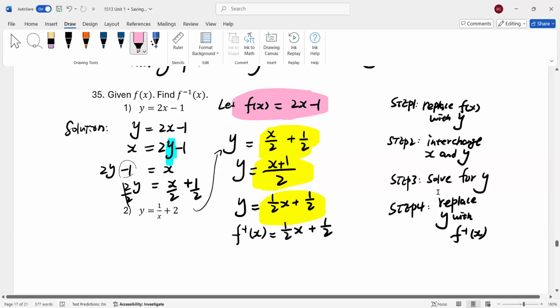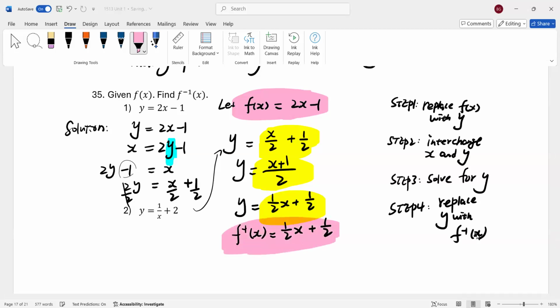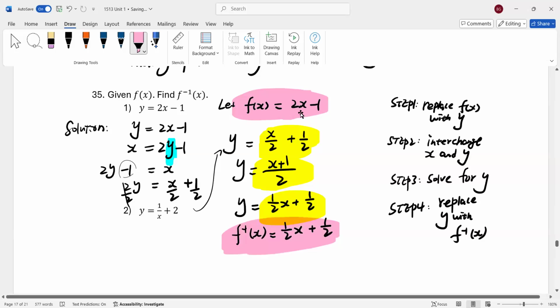Step 3 is the key step. Once you have the new equation, after the x and y swapped, you're going to solve the resulting equation for the new y, and this takes a little bit of algebra ability. And then once you have y isolated, you basically have the inverse function found, and then you replace y with f inverse, and f inverse is the inverse function of f.